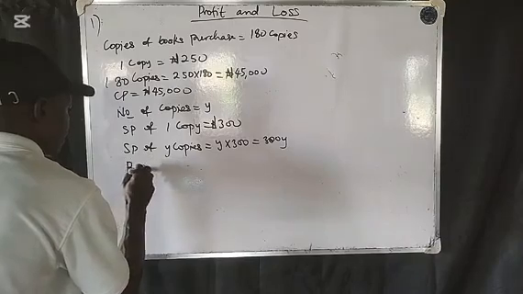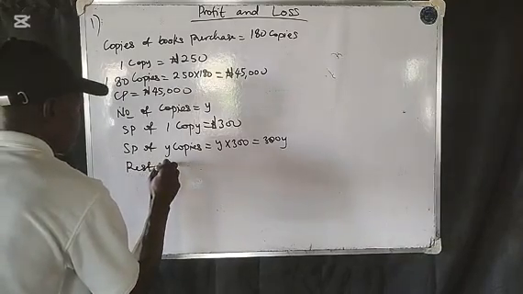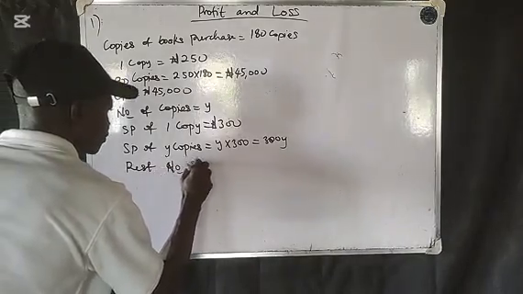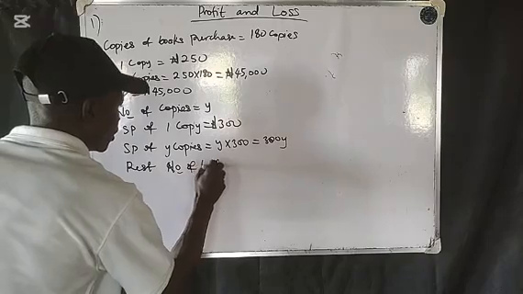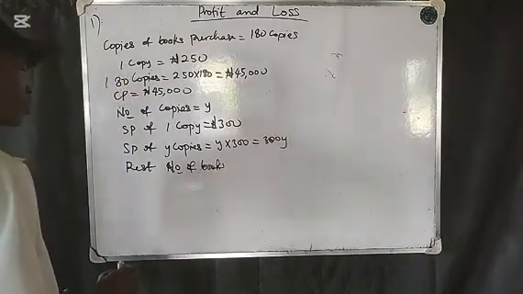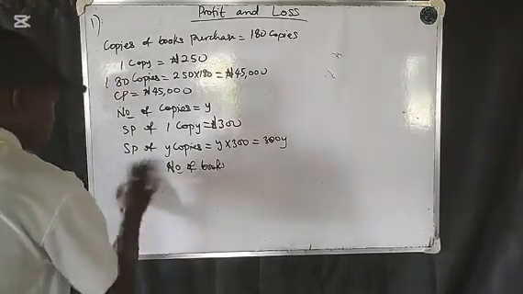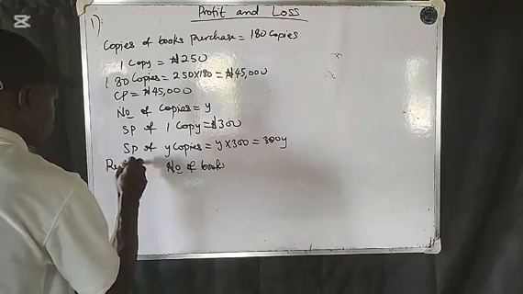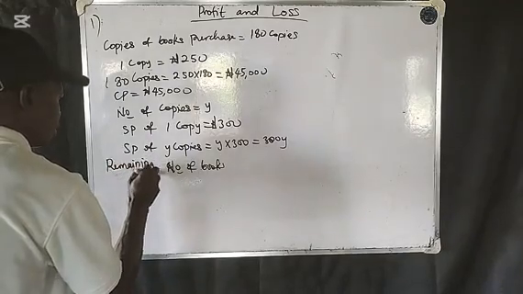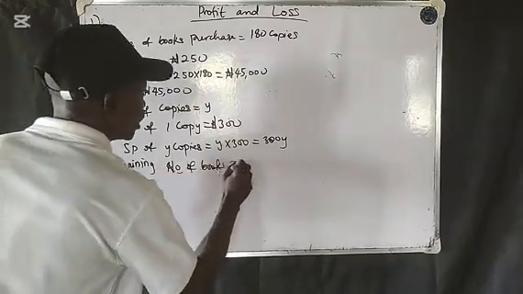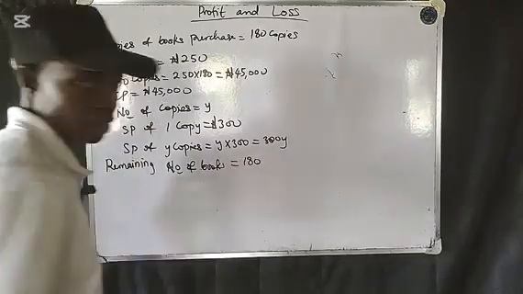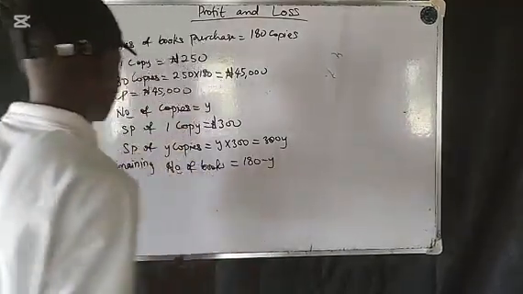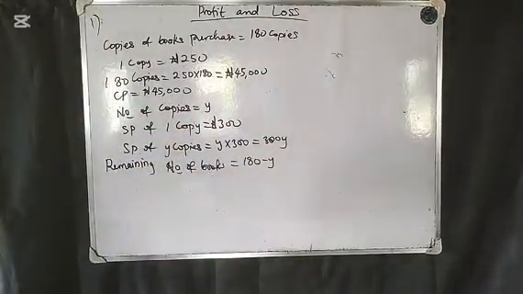Rest number of books, or remaining number of books, will be 180 minus Y. That's the remaining number of books.